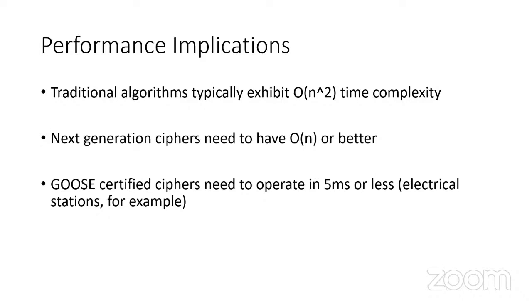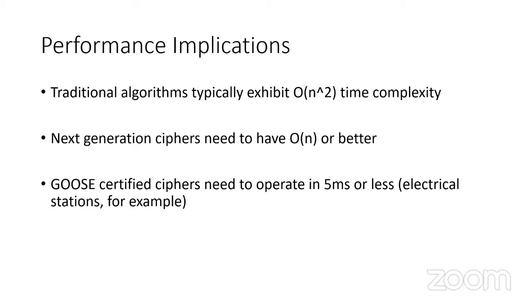And that's why there's always been this traditional trade-off between are we going to be more secure or going to be more performant. The next generation of ciphers, the ones that are going to try to do 512 and higher, have to at least be O(n) or better. So that typically involves different types of math and different ways of doing the encryption.